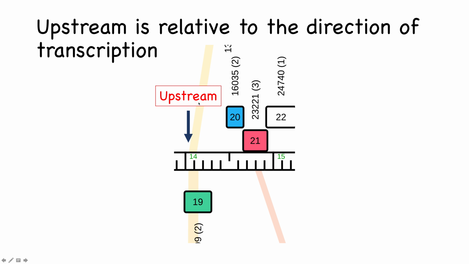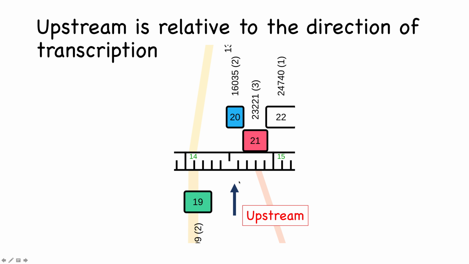If you think about the flow of transcription like a stream, then any sequence that is before the coding regions of genes is termed upstream in the flow of transcription. So this region right here is upstream of GP20, 21, and 22. If we look at this reverse gene down here, this region of the genome is considered upstream of GP19.